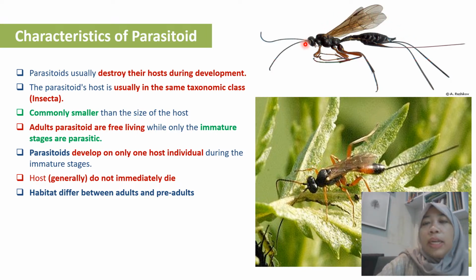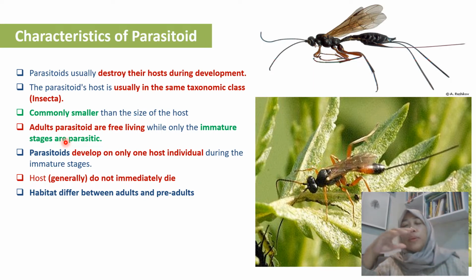The only stage that parasitizes the host is the larval stage or the immature stage. The immature stages of the parasitoid are parasitic. They can live inside the host or outside the host.